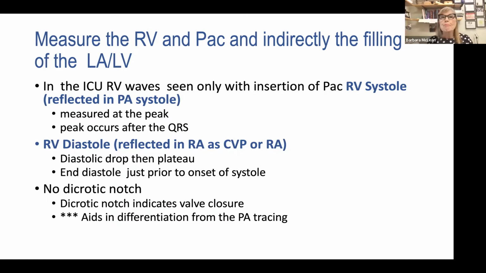When you are monitoring RV pressure, you also don't have a dicrotic notch, because the dicrotic notch shows an interruption in the dynamic between the ventricle and the artery. And that dicrotic notch, when that valve closes, you see a tidal wave of pressure change that instills that dicrotic notch.